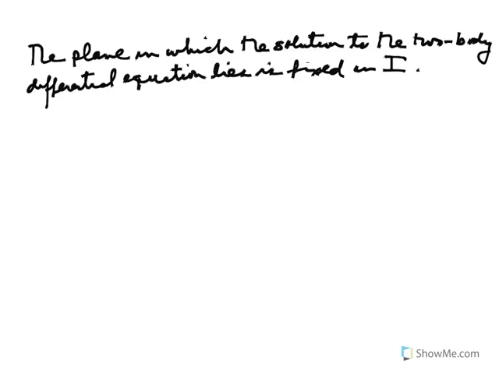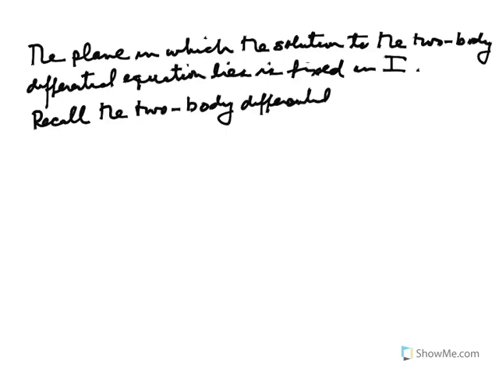So the first thing we're going to do is as follows: recall the two-body differential equation itself. In this particular case, the two-body differential equation, which we had from before, was as follows.